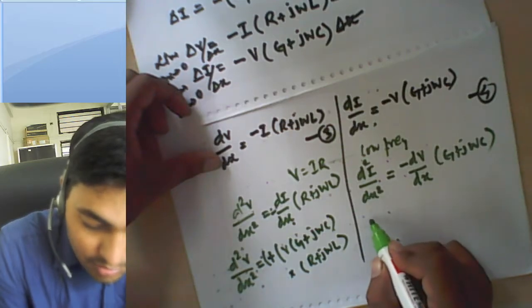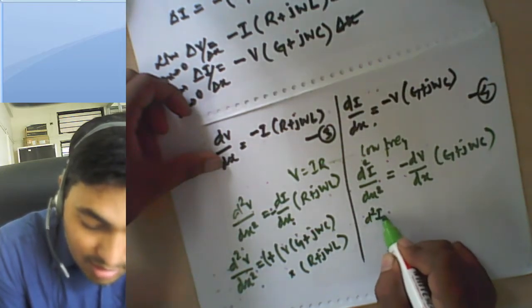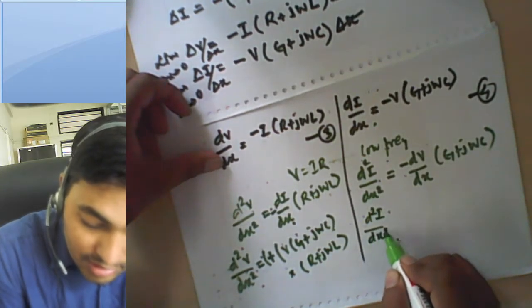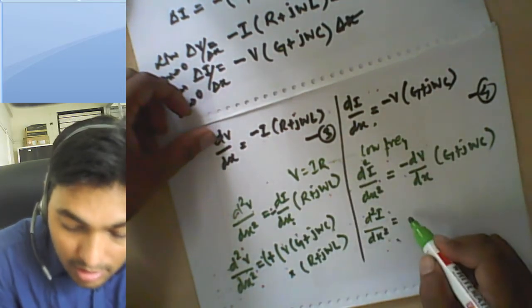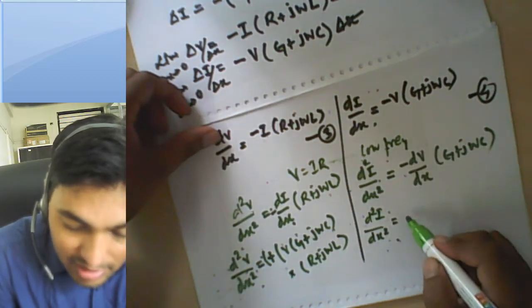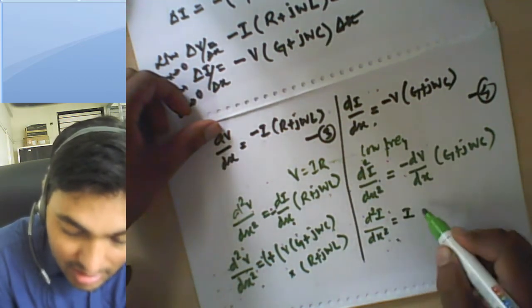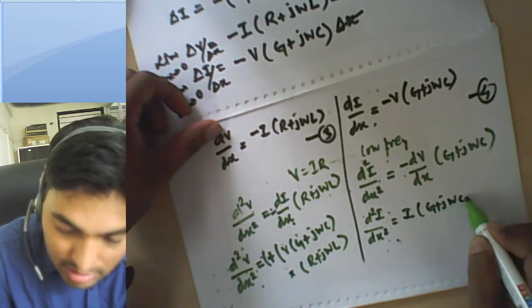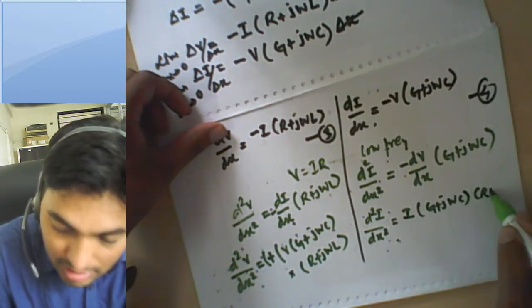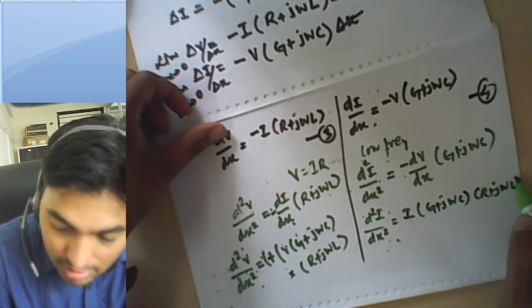Similarly for current, d square I by dx square is equal to, now we substitute dV by dx from equation number 3, and the minus will cancel, so we will have I into (G plus j omega C) multiplied by (R plus j omega L).